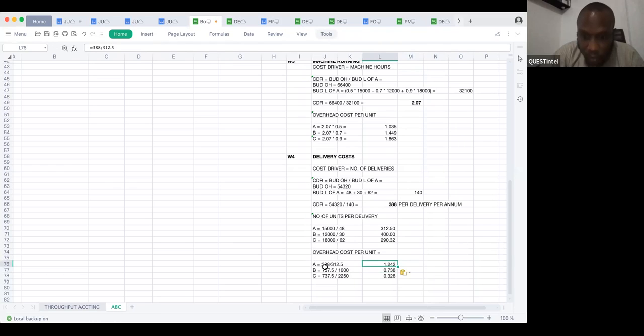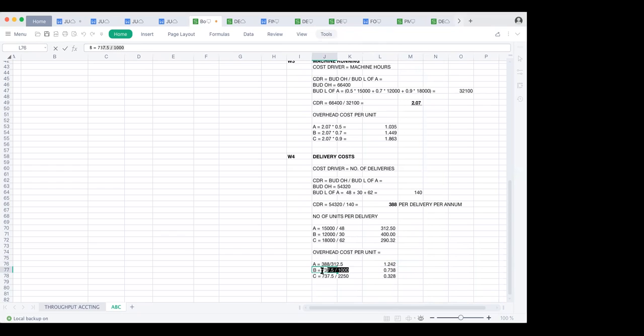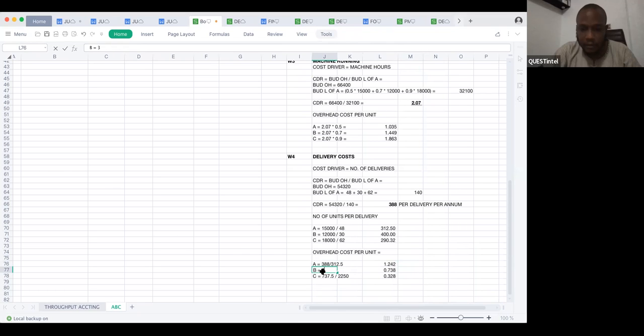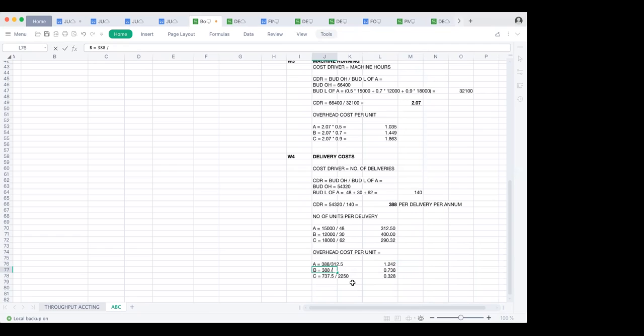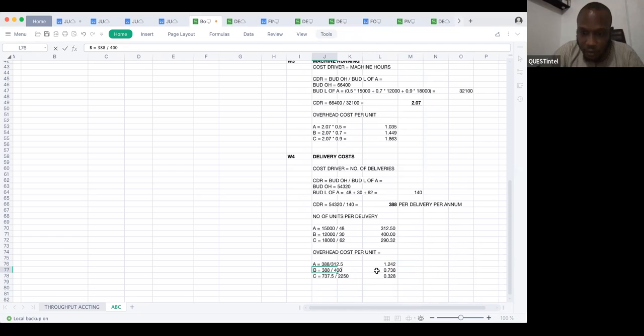See that, false. Okay, then the second one will be 388. The second one, 388 divided by 400, right?